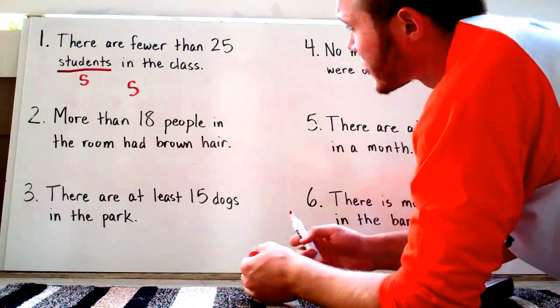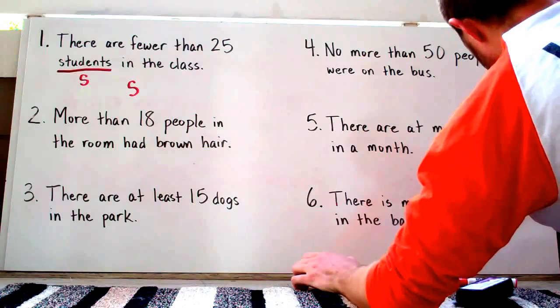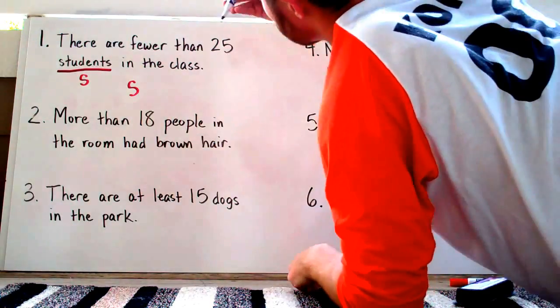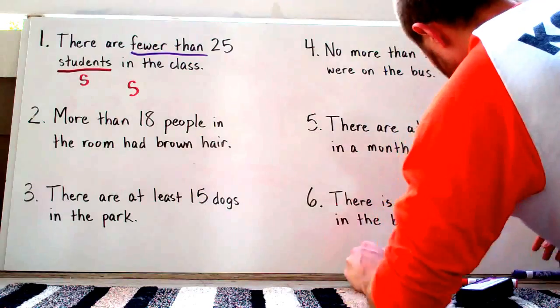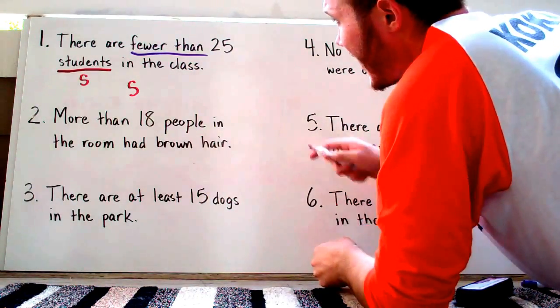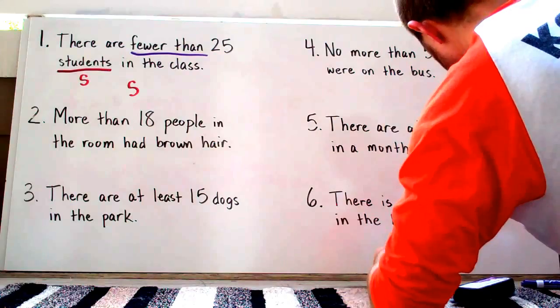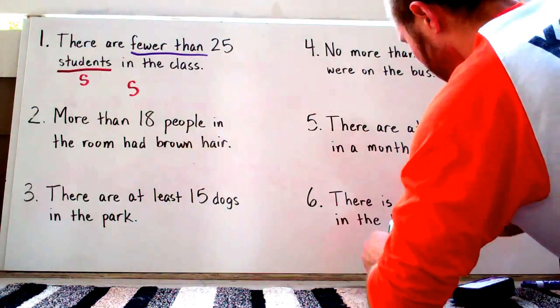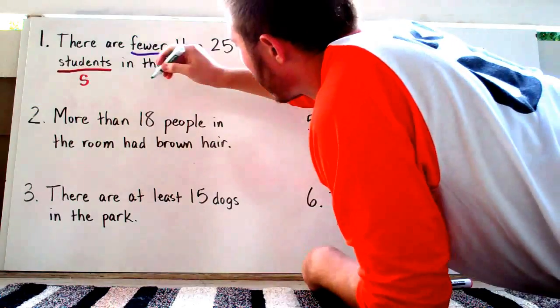So, fewer than 25, if I underline this, fewer than, that means there are less than 25 students in the class. So actually I'm going to use green for this. Got our variable.